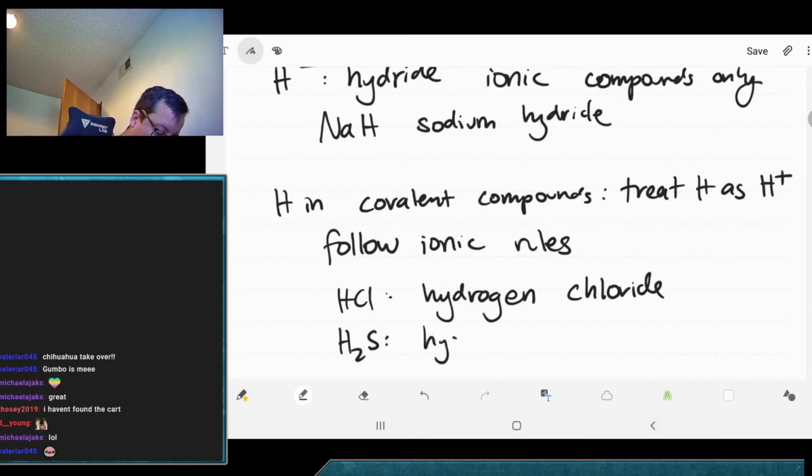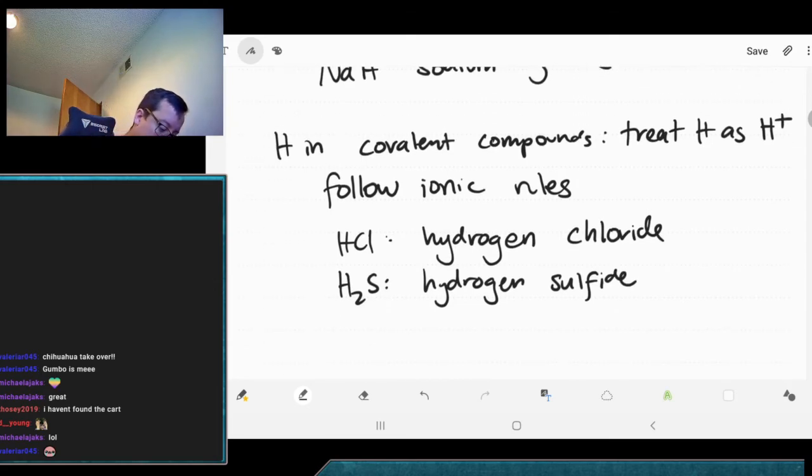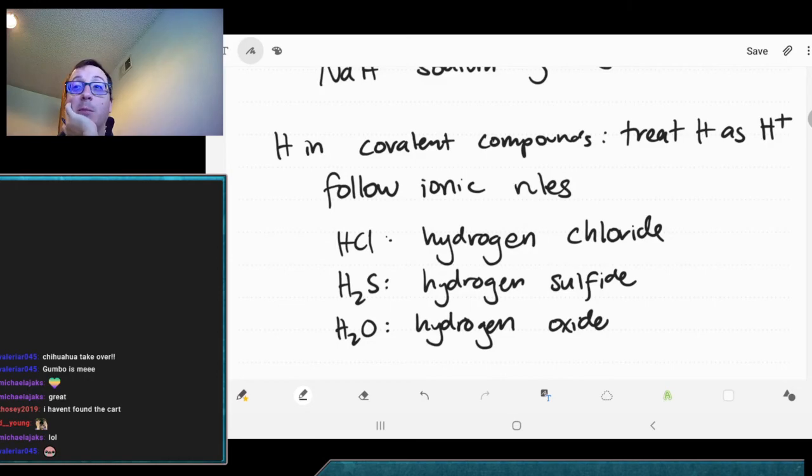This will be hydrogen sulfide, for example. This one, hydrogen oxide. You might be tempted to say dihydrogen monoxide. That's a little bit less accurate. We very often will use ionic rules with hydrogen compounds.